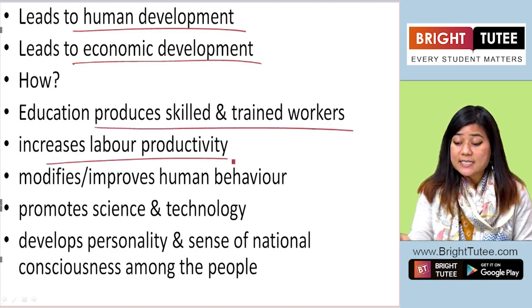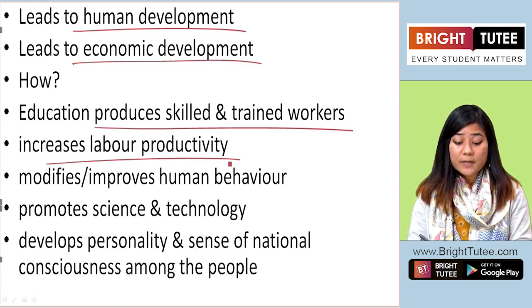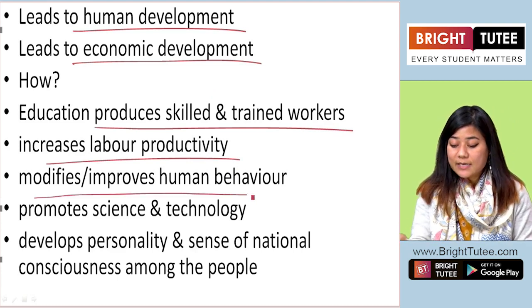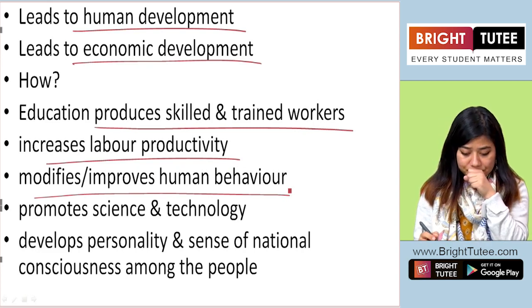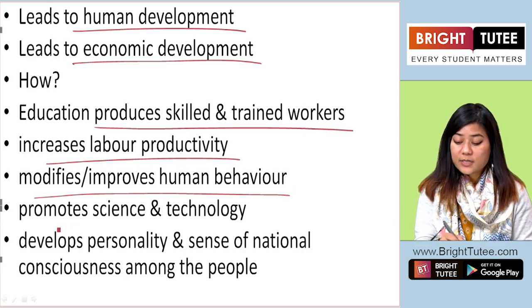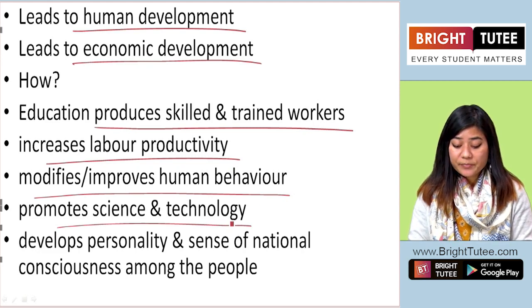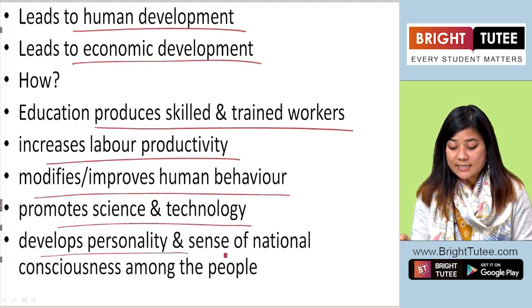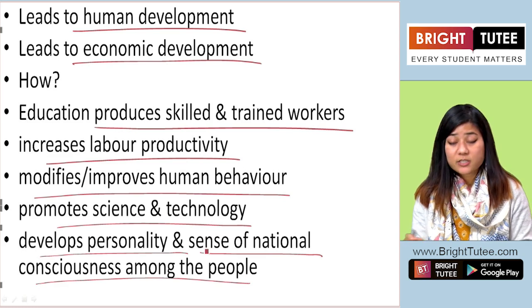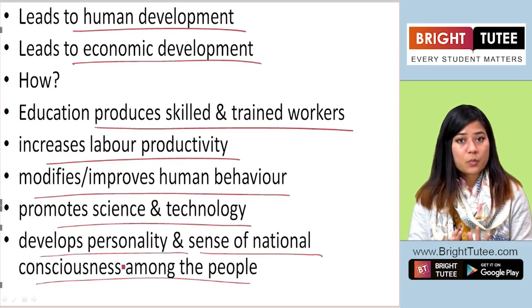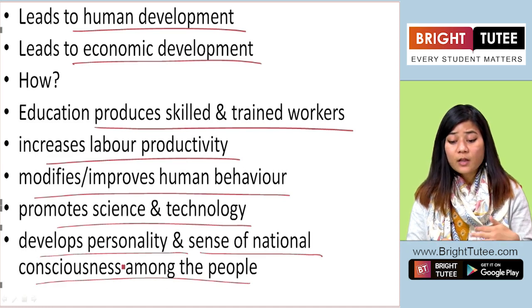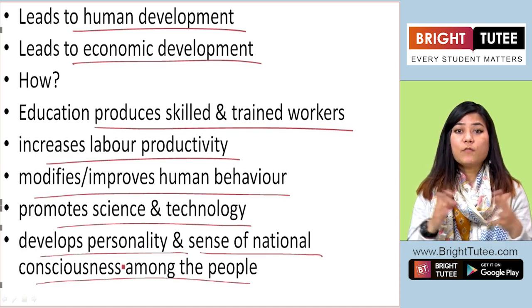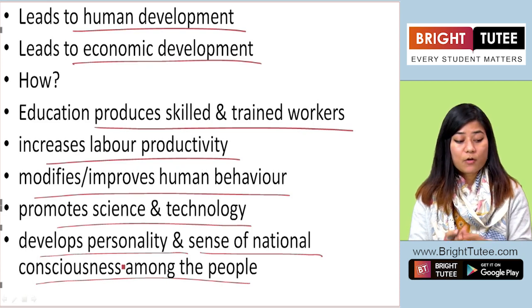It increases labor productivity. It modifies and improves human behavior. It promotes science and technology. It develops personality and a sense of national consciousness among the people, among the workers. So that adds to the overall economic development of the country.